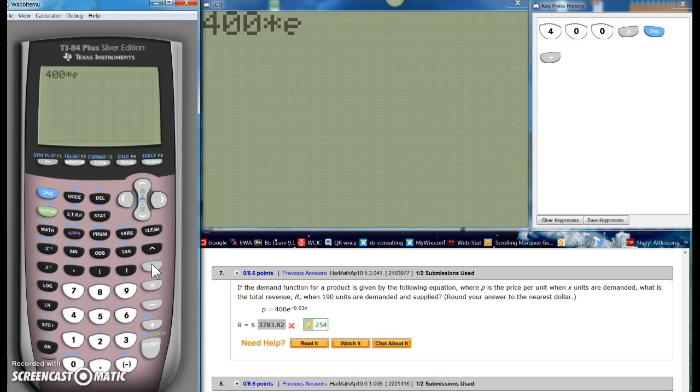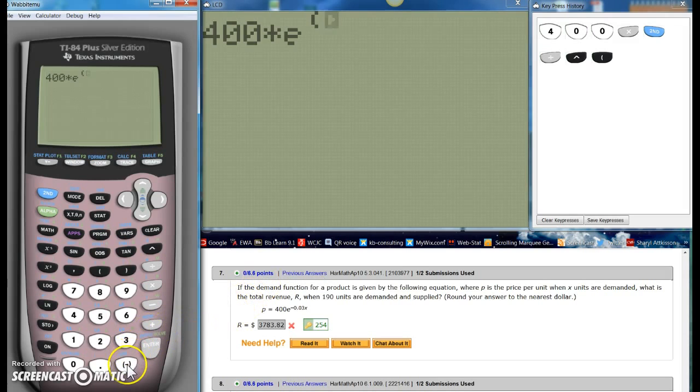Now we need to use the power, so we click on the caret button, which as you see now on the screen has been raised up above the E, because we're going to add something into the exponent area. So I'm going to use parentheses because I want to make sure that I keep everything in the exponent area. This is where many of you are messing up when you're putting this into your calculator.